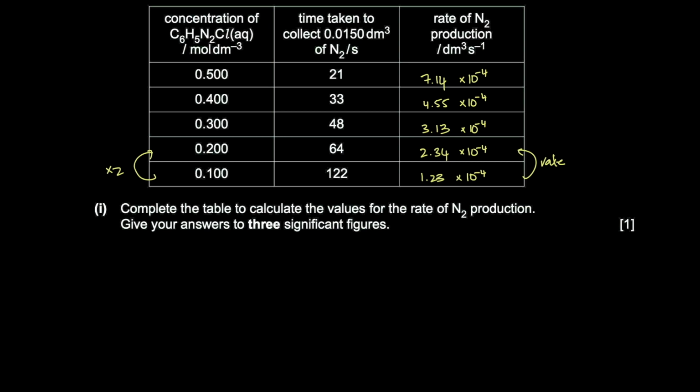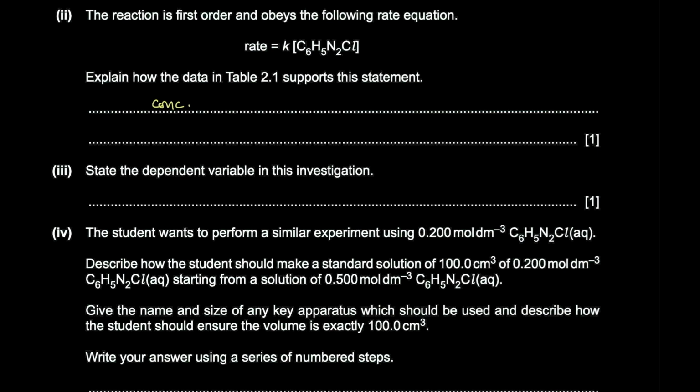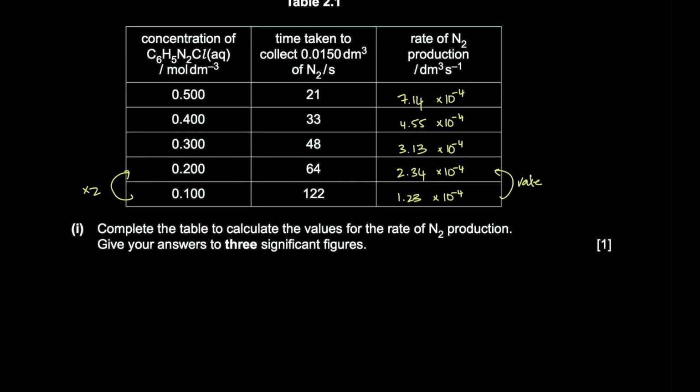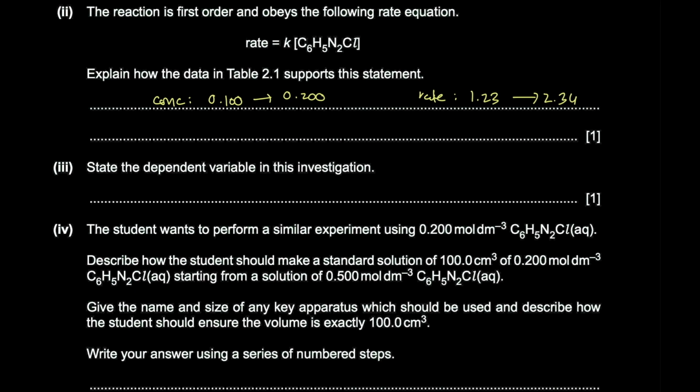So here I can say that if I double the concentration from 0.100 to 0.200, the rate goes from 1.23 × 10⁻⁴ to 2.34 × 10⁻⁴. So I'm doubling the concentration, and the rate is changing by a factor of 2.34 divided by 1.23.